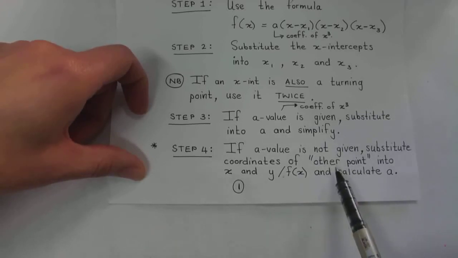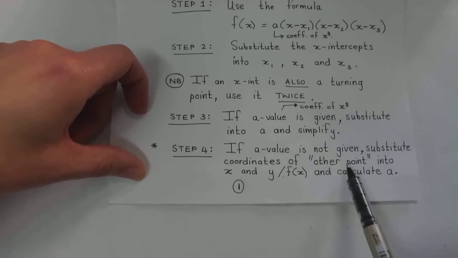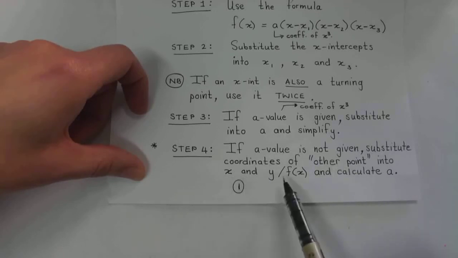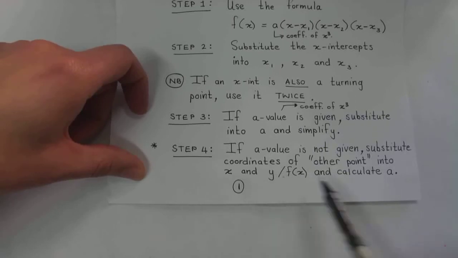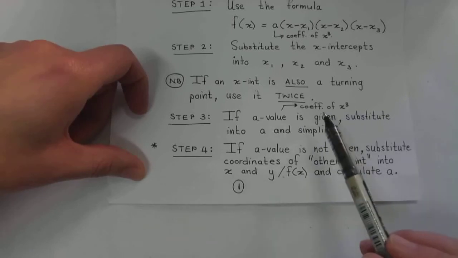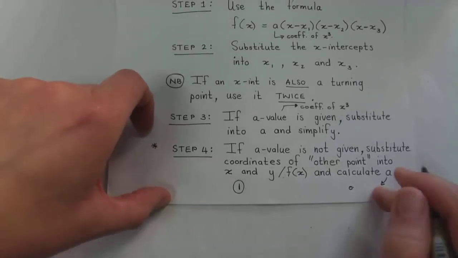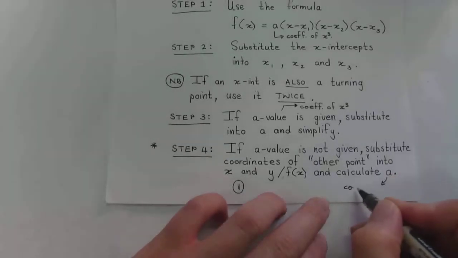It might be a y-intercept, it might be a turning point, but with that other point you can substitute the coordinates into x and y, or f(x). Remember, y and f(x) are used interchangeably, and then you can calculate that a value. Again, I want to reiterate that a refers to the coefficient of x cubed.